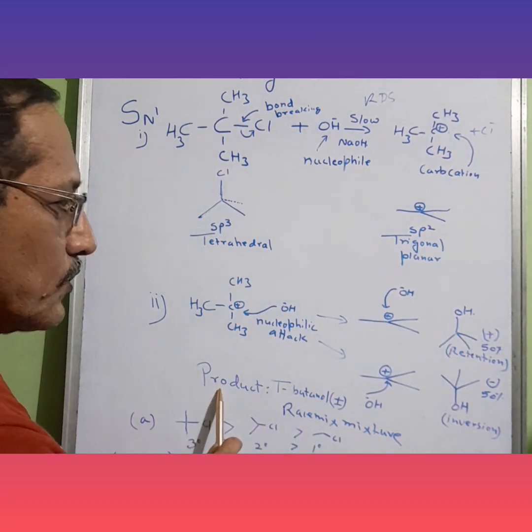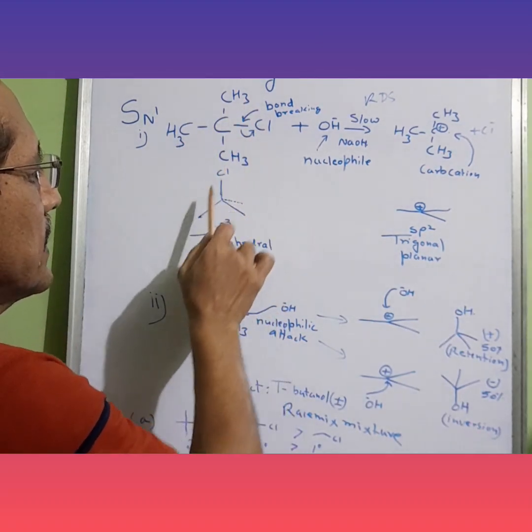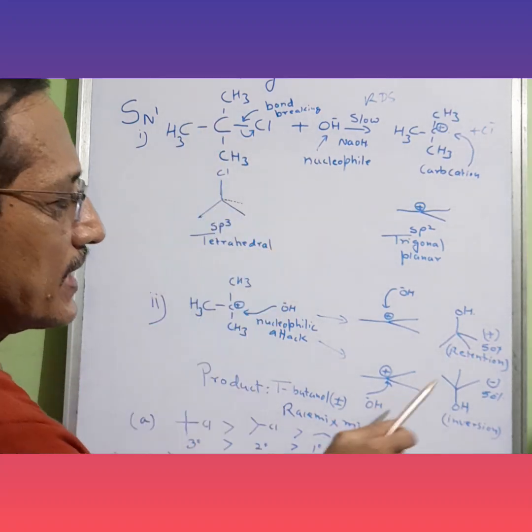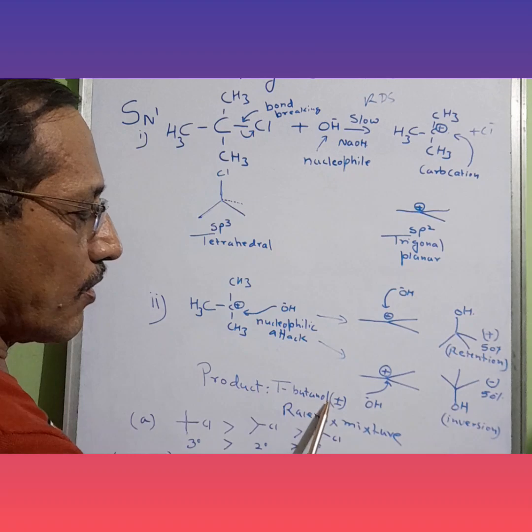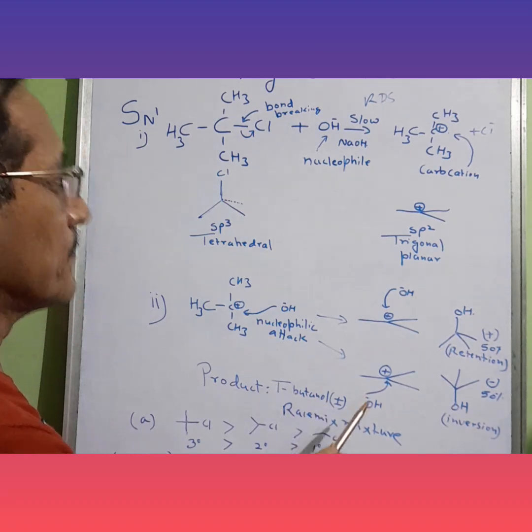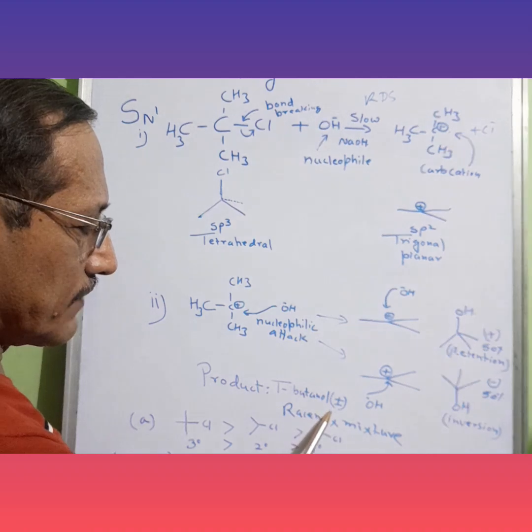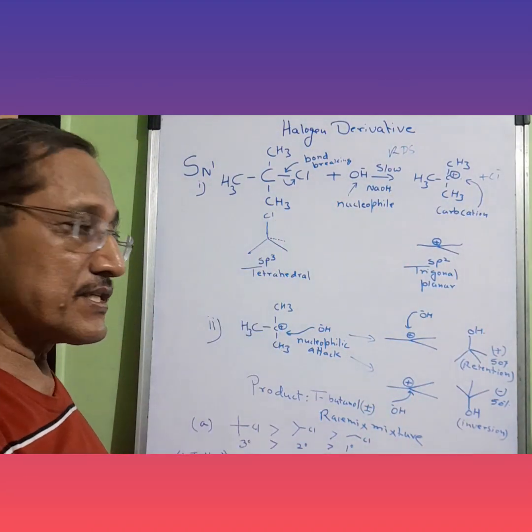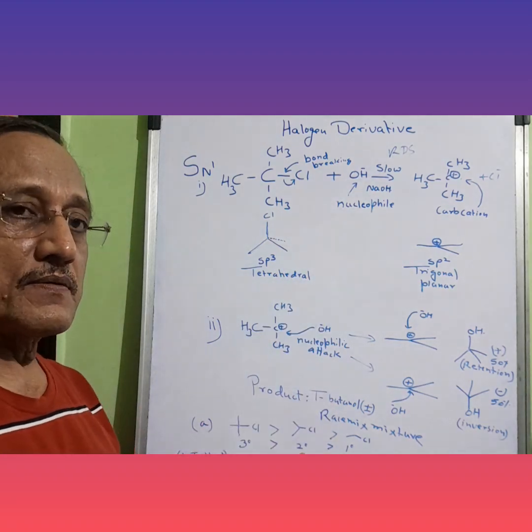So what was the product? We started with tertiary butyl chloride and ended up with tertiary butyl alcohol, T-butanol. And here also we ended up with a racemic mixture. Now these are two steps occurring in this reaction. Which of the two do you think is fast?